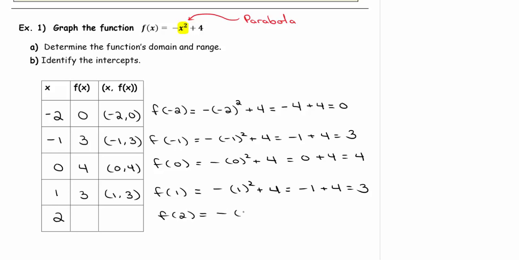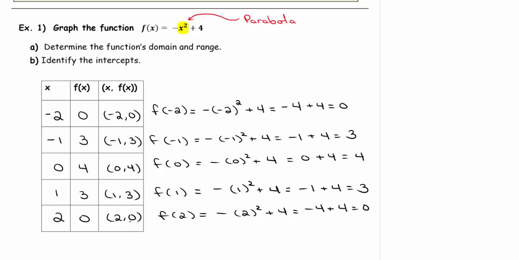And last but not least, we're going to substitute 2 for x, and we're going to get -4 plus 4, which is 0. I've got my ordered pairs. I'm ready to plot these on a graph and see what the graph looks like.